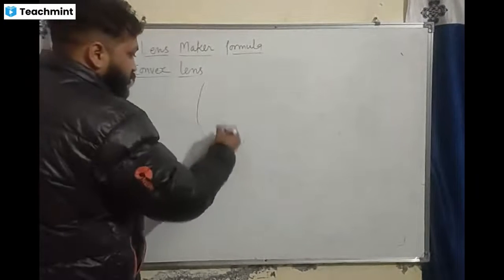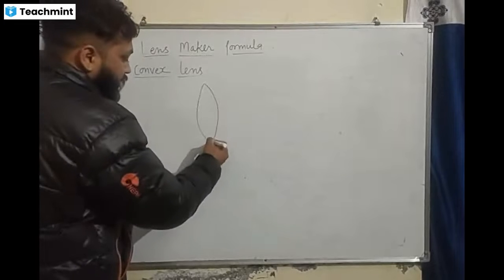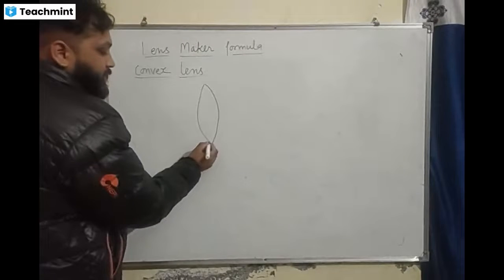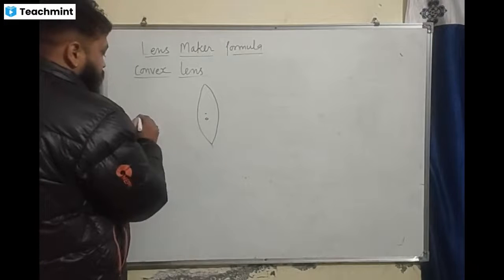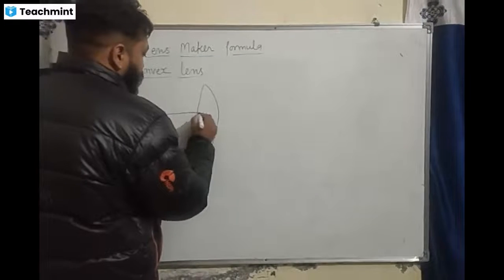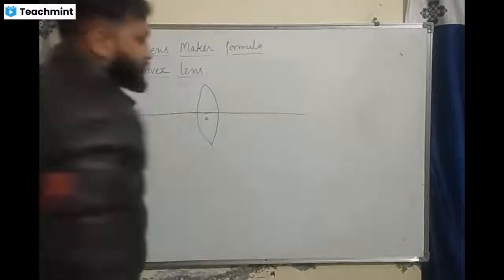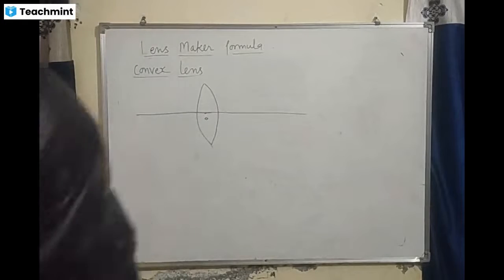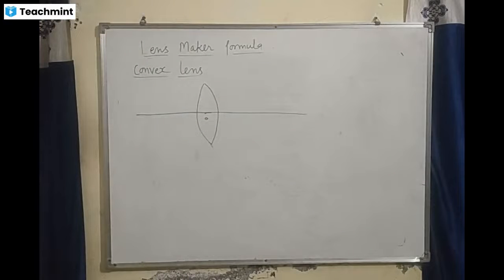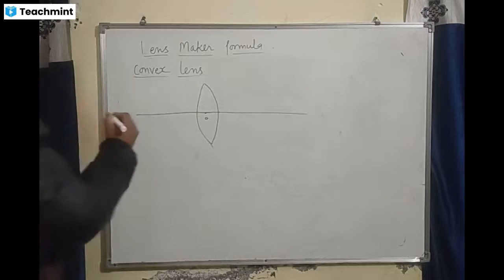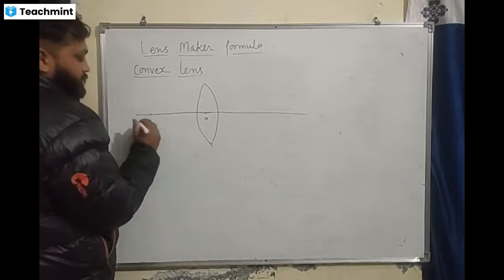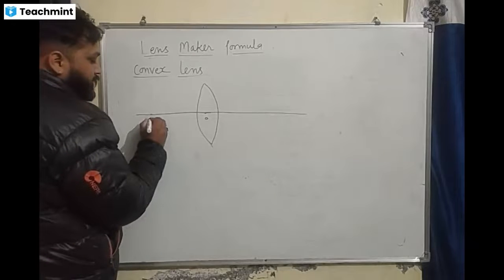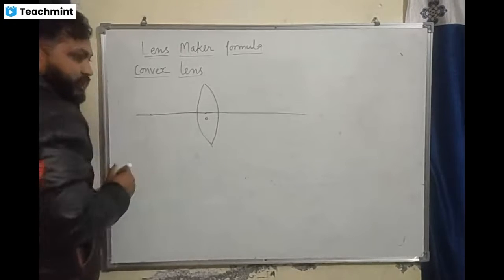First, you need to draw the convex lens with its optical center, and the line passing through the optical center is known as the principal axis. Suppose I have placed the object over here. I have taken a point object here.